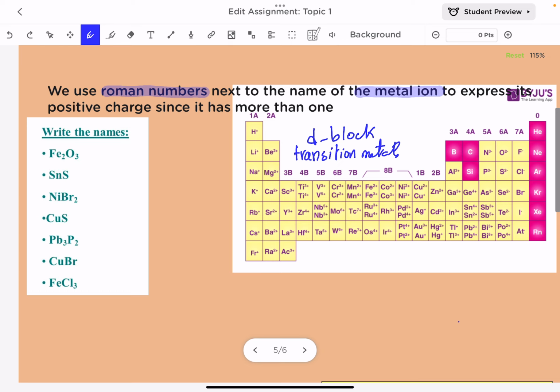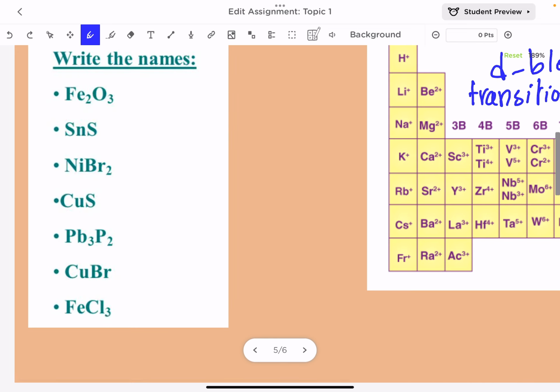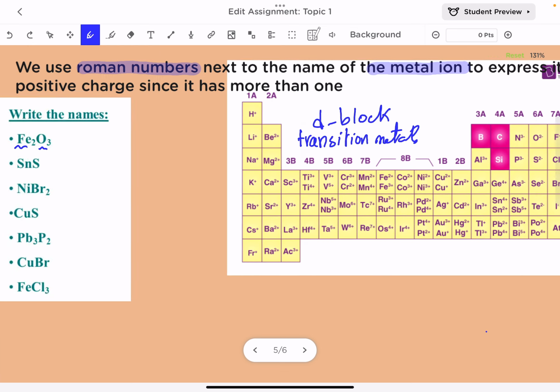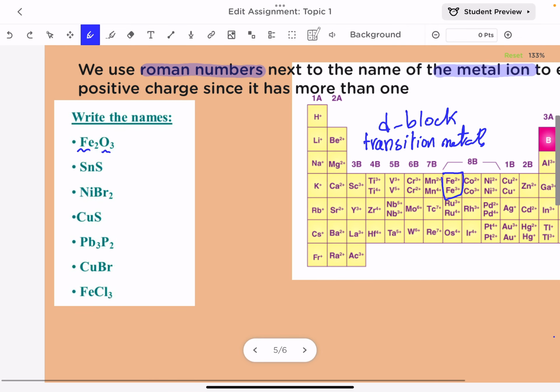We can guess the charge of that metal simply by looking at the number subscript written next to the atom next to it. So for example, this contains Fe, and I know that Fe is located over here in the periodic table having more than one positive charge.